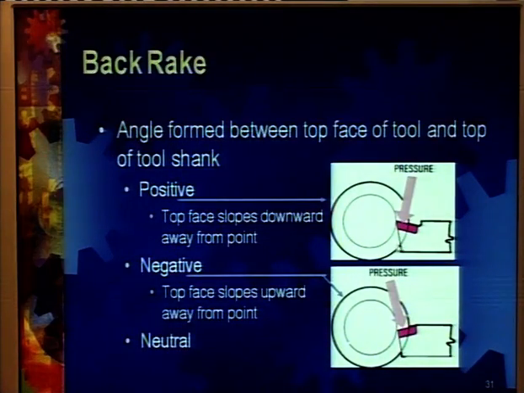Back rake angle, we can see here. Here the back rake angle is in this direction, the back rake angle is positive, and here the back rake angle is negative. In case the back rake angle is positive, the pressure coming onto this particular chip is in this direction, and once we make this rake angle negative, the pressure coming onto the chip will be in this direction.